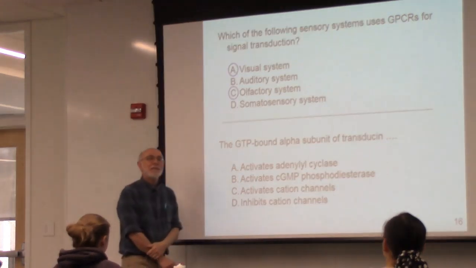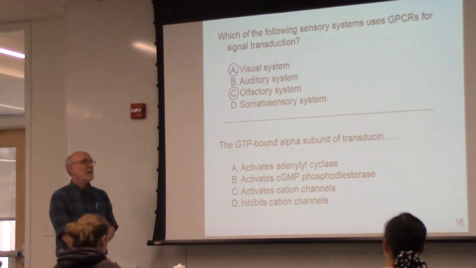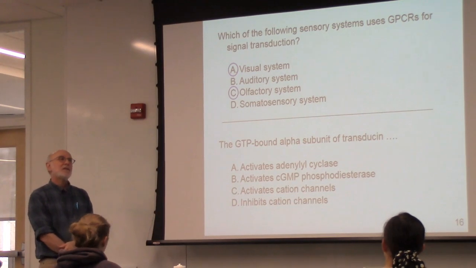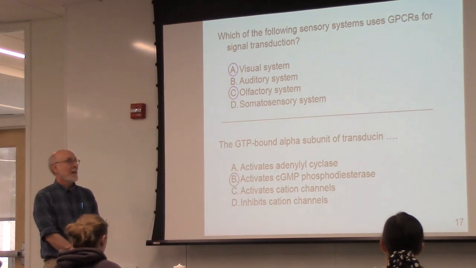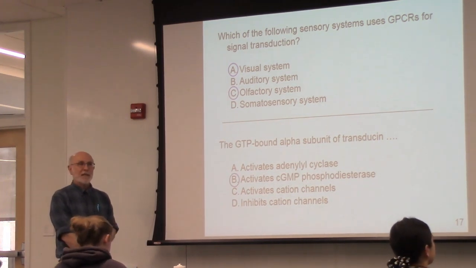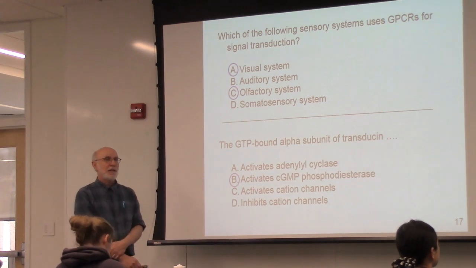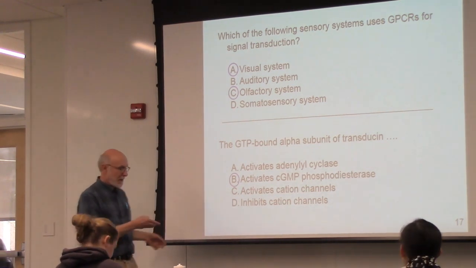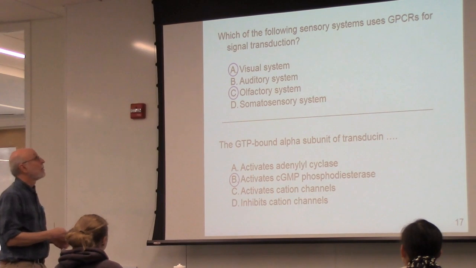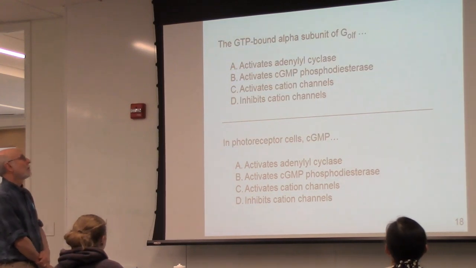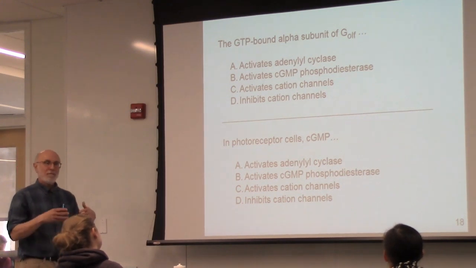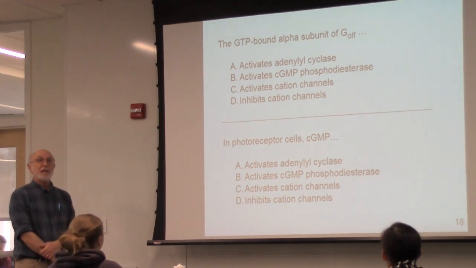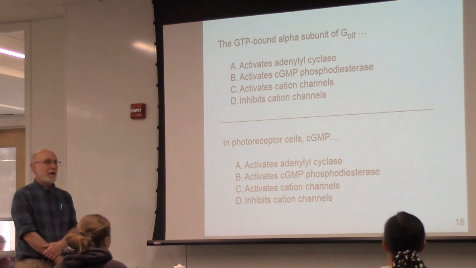In the visual system, the activation of the G protein transducin activates the phosphodiesterase, which cuts cyclic GMP. Well, maybe I'm giving away the answer to the next one. So there's a story that happens after the activation of phosphodiesterase.